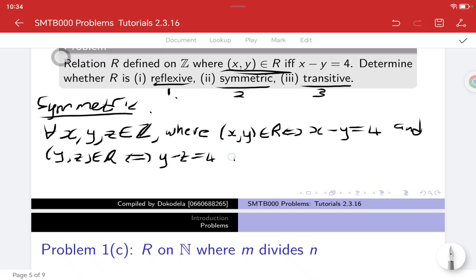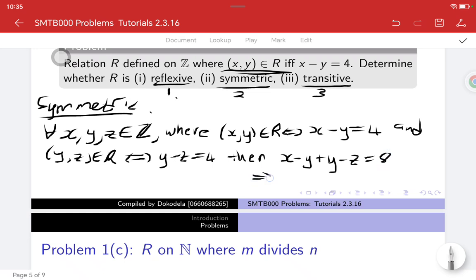Now we want to prove: is x also related to z, because they're both related to y? So it means that they should be related. For us to prove that, it's either we add these two or we subtract them. Let's check which one would be correct. I think if we add them: x minus y plus y minus z will be equal to 4 plus 4, which is 8.